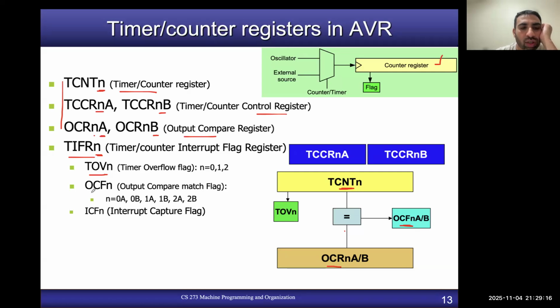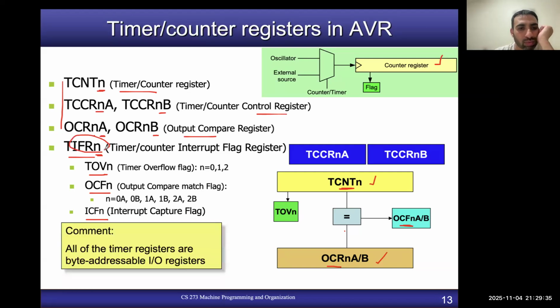And you will have an output compare flag, which will become equal to 1 when the value of the timer counter register is equal to the value of the output compare register. There will also be an input capture flag in the same TIFR register. Again, we will see this register in detail.